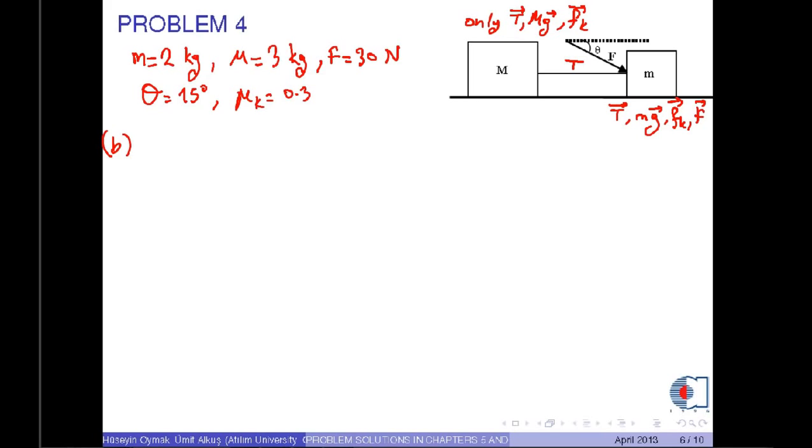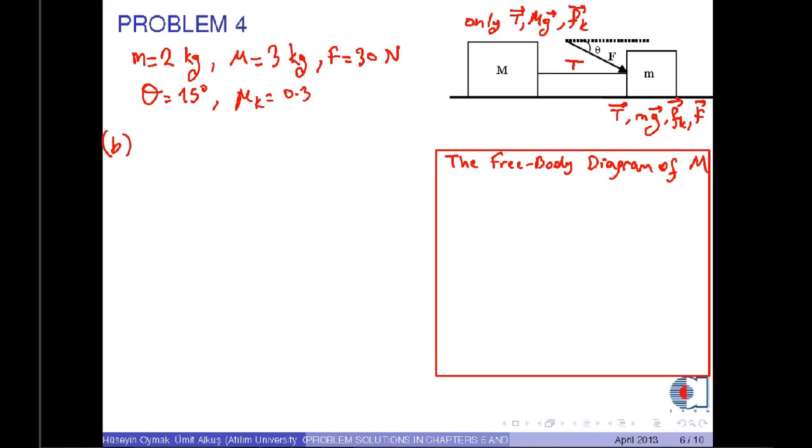We draw the free body diagram of capital M. We represent it by a point. The axes are drawn like this.